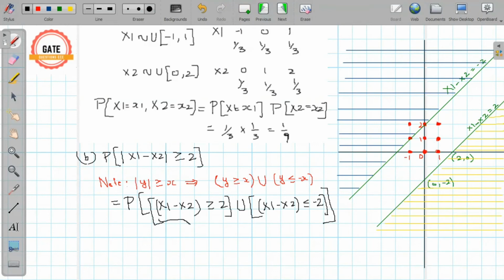I am writing this as region 1 and this as region 2.